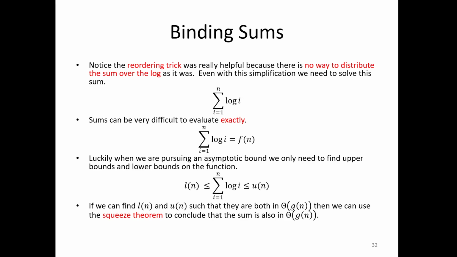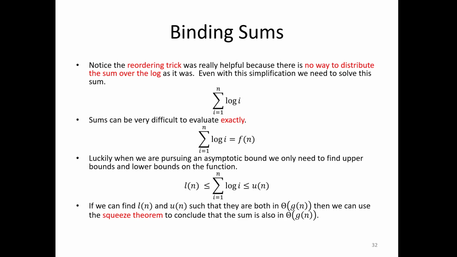And so here I'm saying that they're both in theta of g of n for some function g of n. If we can do that, then that means that the sum here must also be in theta of g of n by what we call the squeeze theorem.